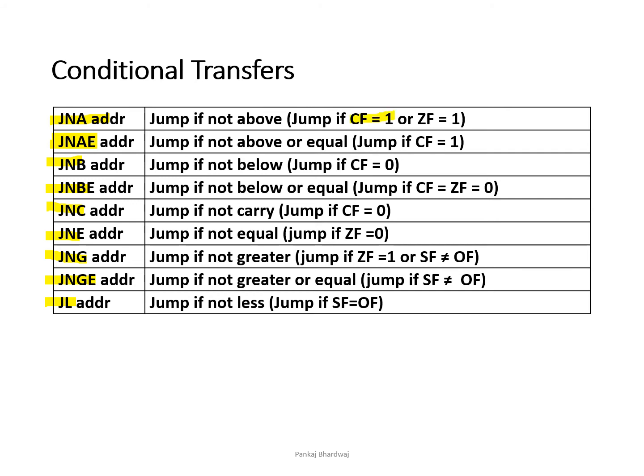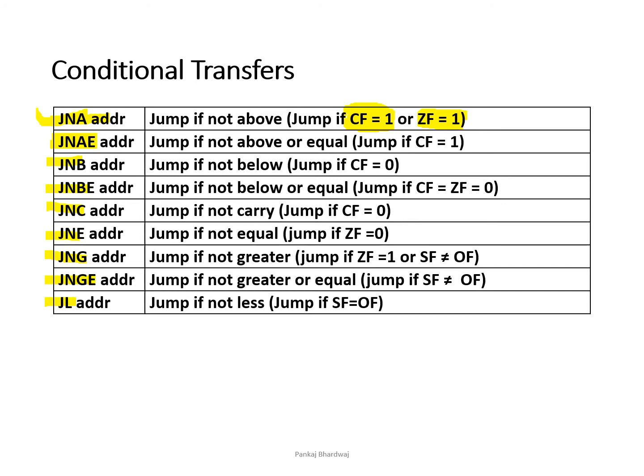Not above means CF has to be 1 or ZF is equal to 1. In any of these conditions, the JNA command executes. That means if CF equals 1 or ZF equals 1, it will move to the address provided by the instruction.